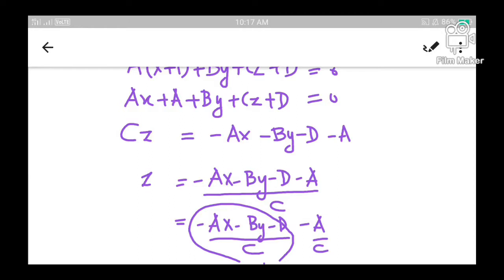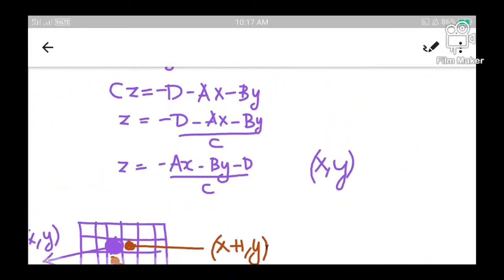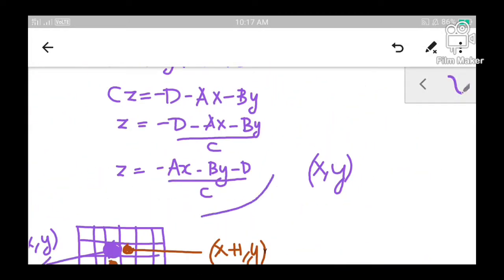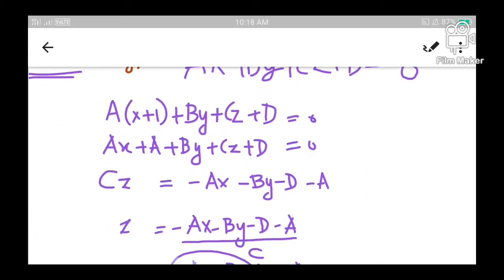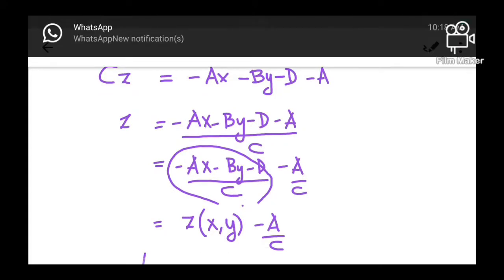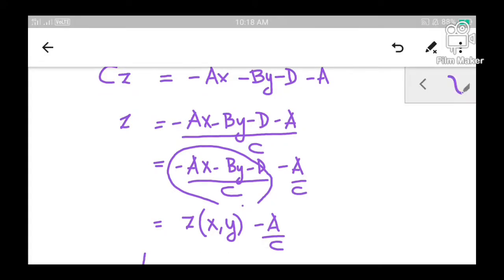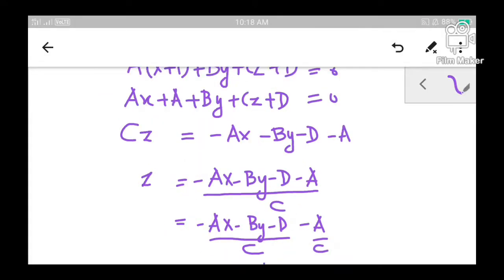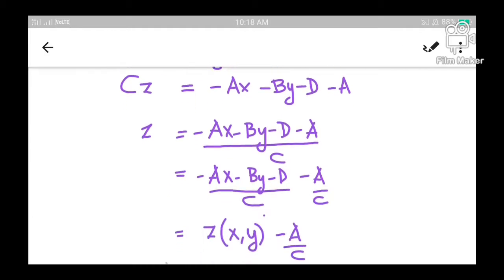Let us move to a previous section. See, minus ax minus by minus d by c was the z at position xy. So we can replace this term with z of xy.